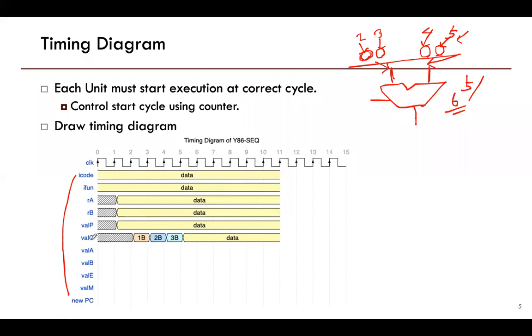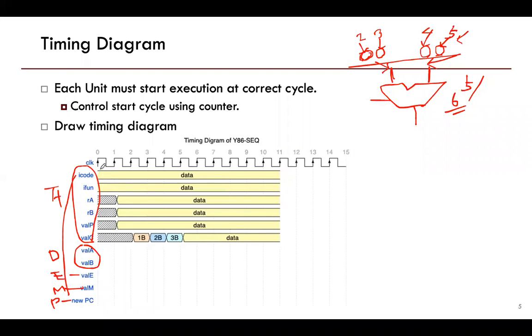So maybe first, how many? 6 outputs from the fetch unit, and then second, 2 from the decoding unit, and then next from the execution unit, and next from the memory stage, and next the PC update unit.